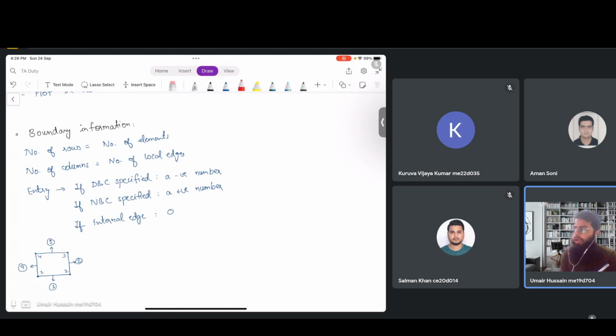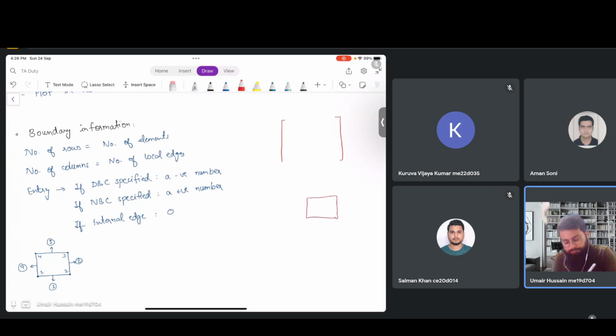For each element we'll give some data on whether it's present on a boundary or not, which edge of it is present on which boundary, if there's any boundary condition present there, and what type of boundary condition is present. So we'll have the number of rows equal to the number of elements, and the number of columns equal to the number of edges. I hope it was clear now.